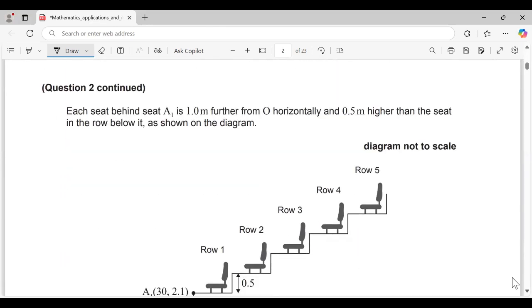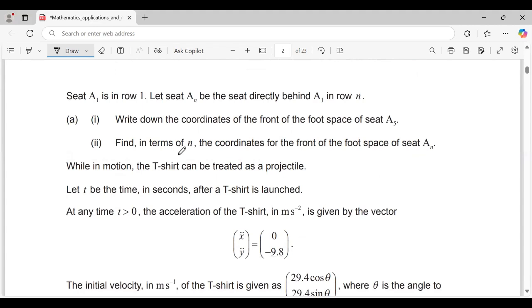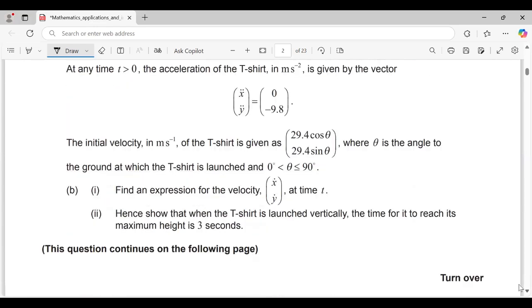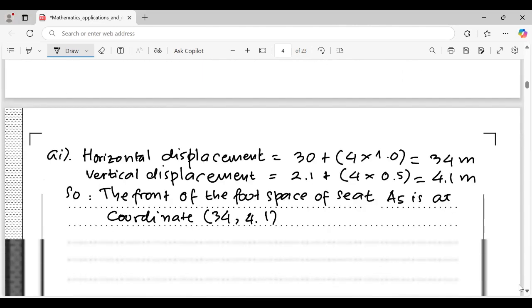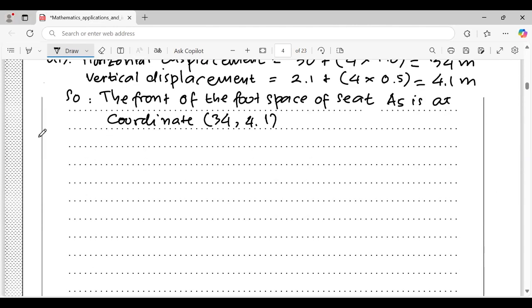Part two. Find, in terms of n, the coordinates for the front of the foot space of seat An. For horizontal displacement, it is the x coordinate.